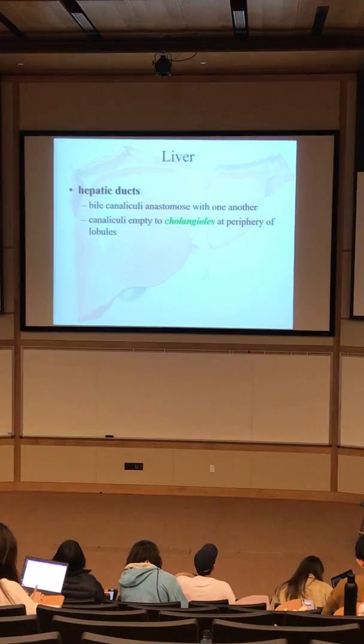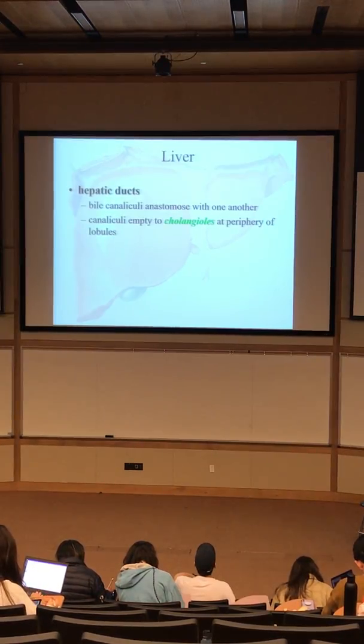So anything with angi in it refers to a vessel. Chol refers to bile. Remember cholecystokinin, gallbladder, cholecyst. So cholangiole would mean a bile vessel or a bile duct. So a cholangiole is a small duct.